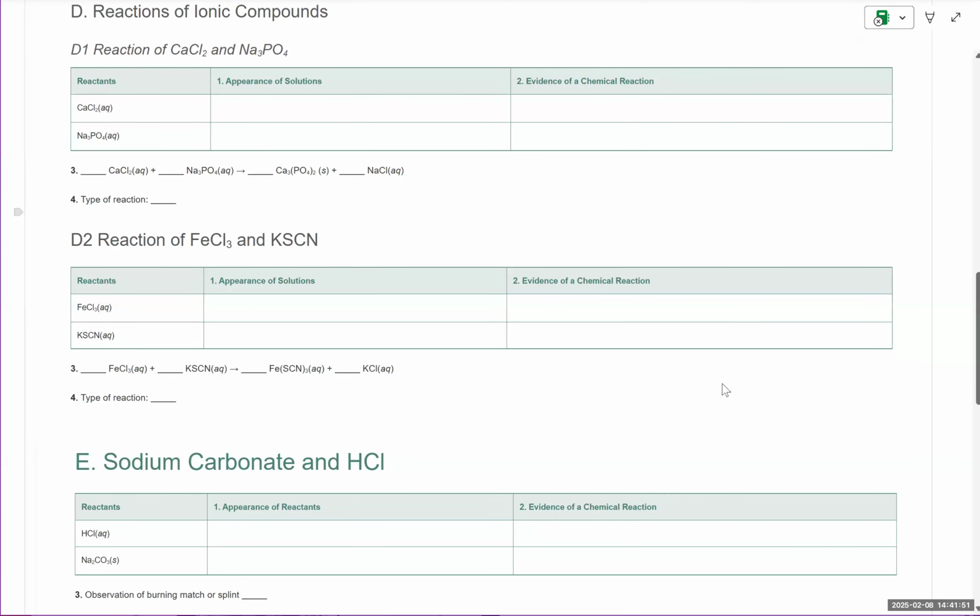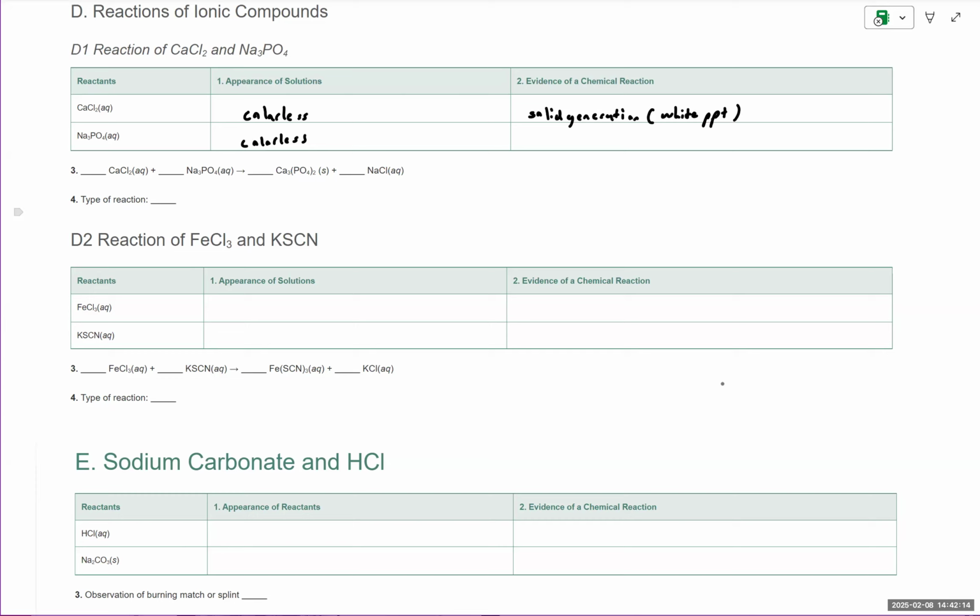So in terms of the initial appearance, both of these solutions are colorless. And the evidence of a chemical reaction is that we see solid generation. In this case, we observe a white precipitate.